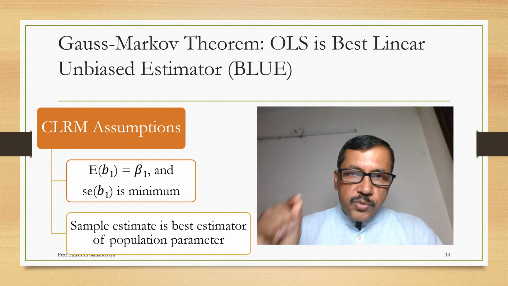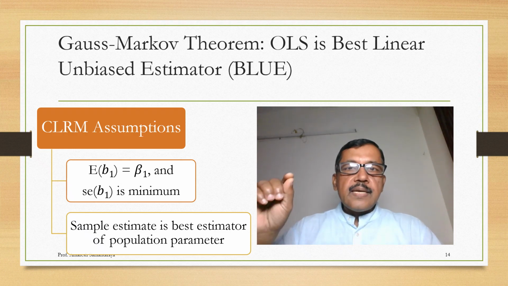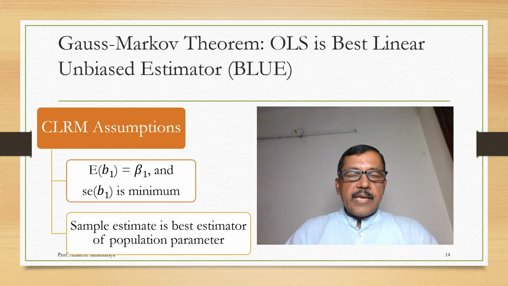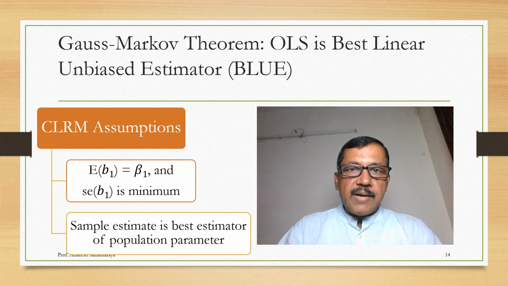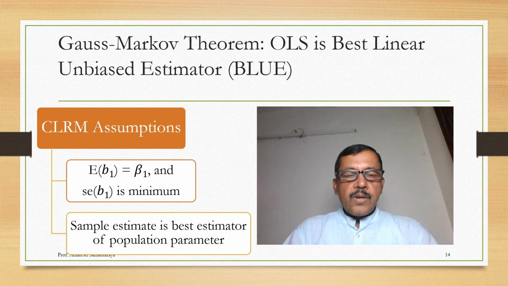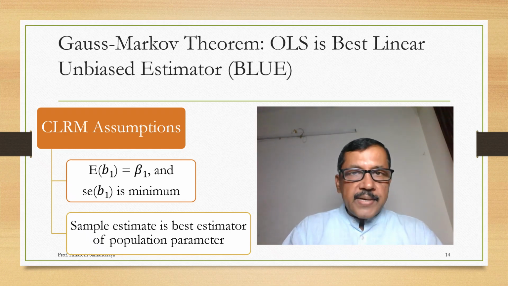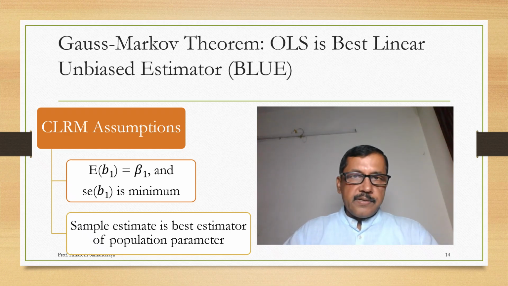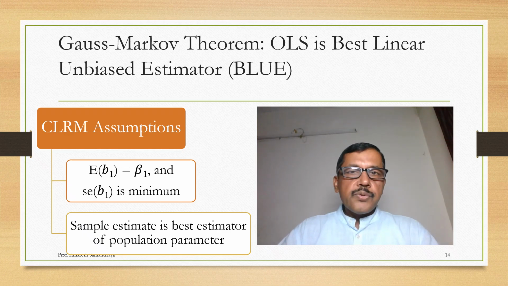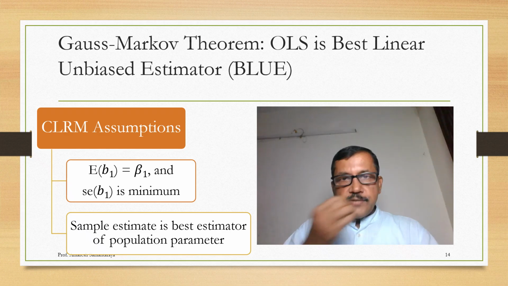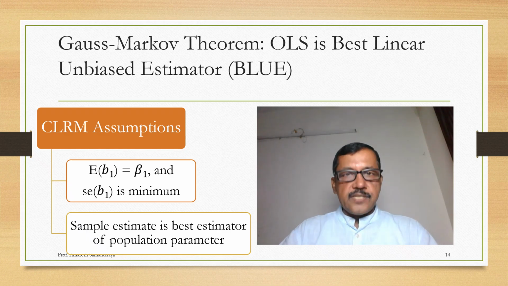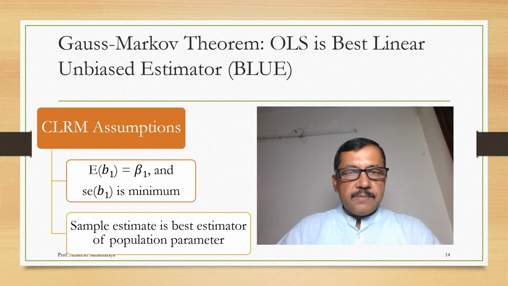So if you are using OLS estimating beta 1, if CLRM assumptions are satisfied, on an average your sample estimate will be equal to the population parameter, number one. Number two, the variance will be minimum. When you have a statistical distribution, if the average is equal to the population parameter and the variance is minimum, that is the best possible option we can have.